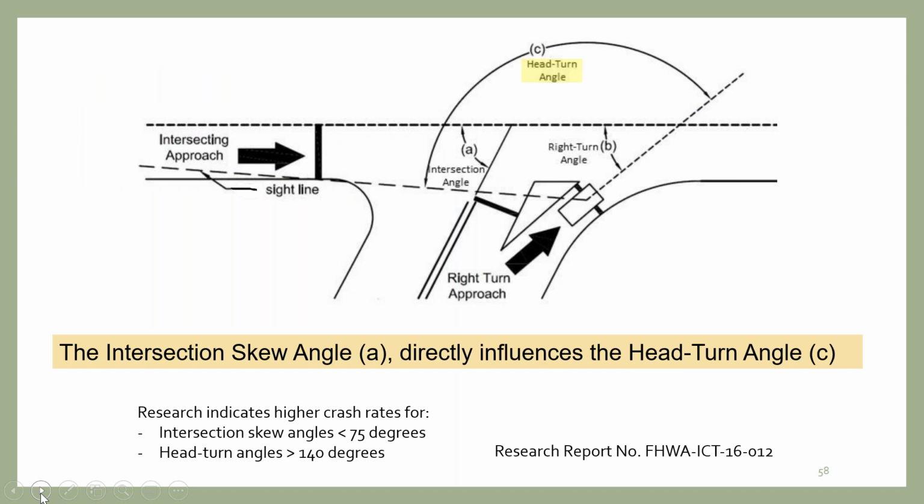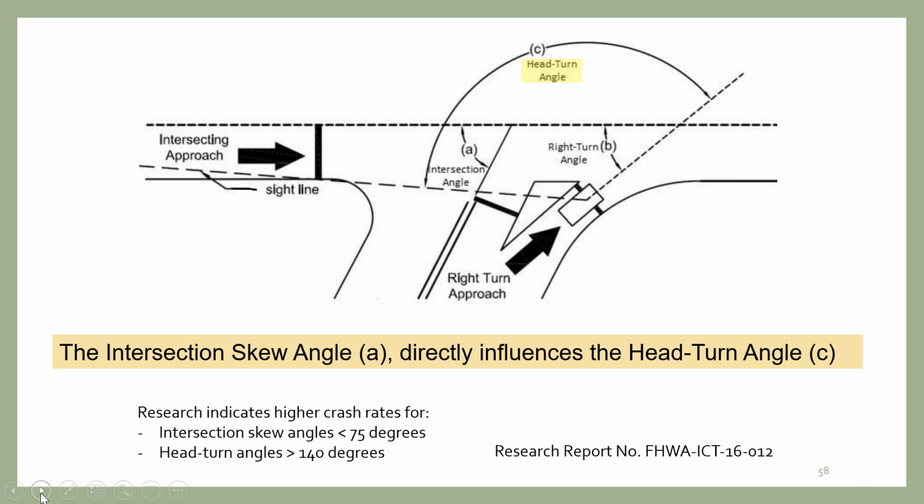And this concept of a look back angle and how that affects head turns, there has been some research on that, and it really does support this recommendation that skews become most problematic when we have skew angles less than 75 degrees, because then the head turning angle essentially becomes 140 degrees or possibly more.